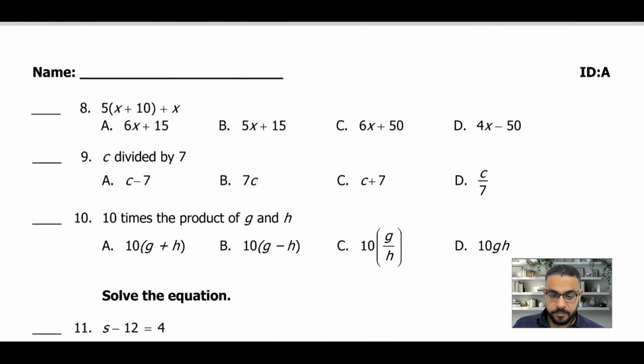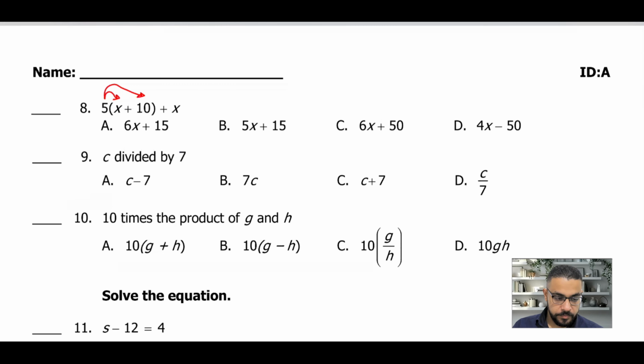Question number 8. I think it's about simplifying expression or finding an equivalent expression to our given expression. So multiplying 5 by each term inside, as we agreed before, we have a number before the brackets, so we have to multiply it by all terms inside the bracket.